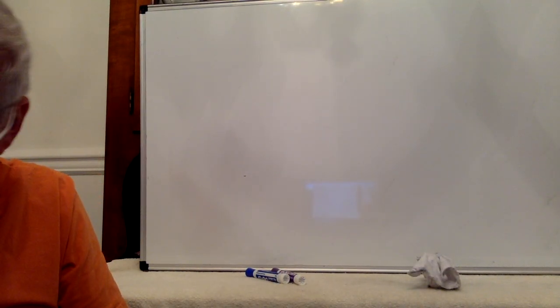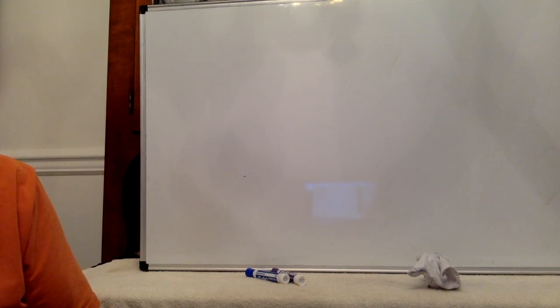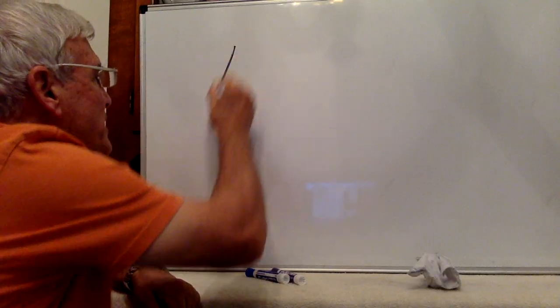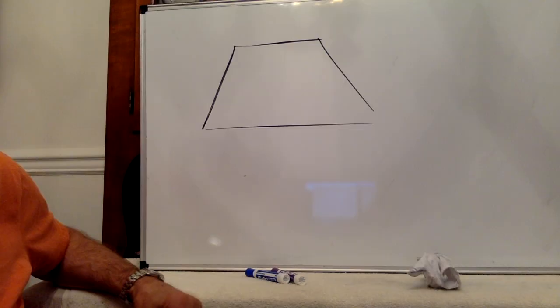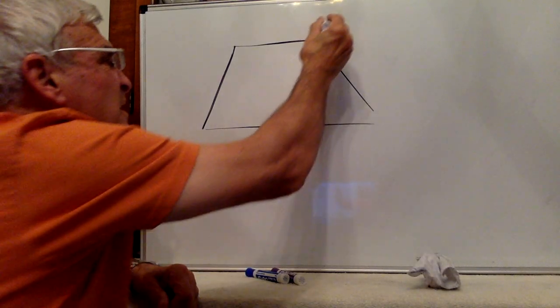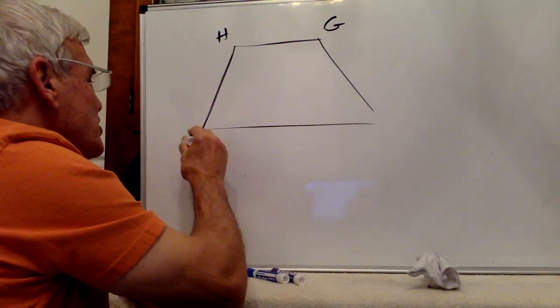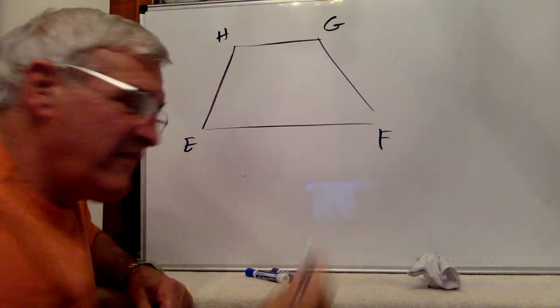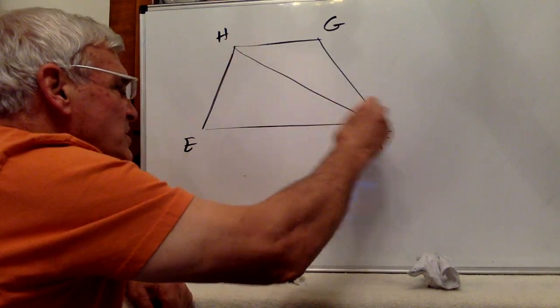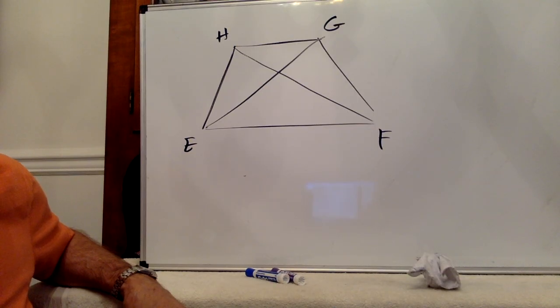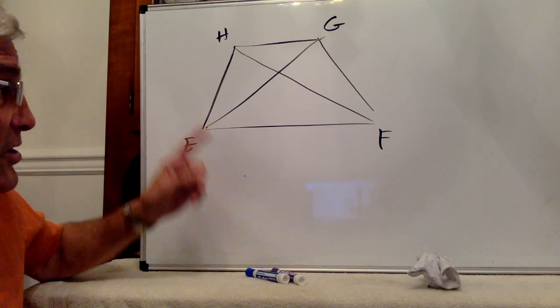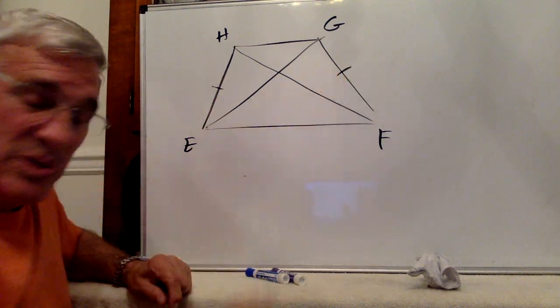The next problem, number 7. Again, another find problem. They give you an isosceles trapezoid, EFGH, and they had the diagonals drawn in, and it said that the congruent sides are these two.